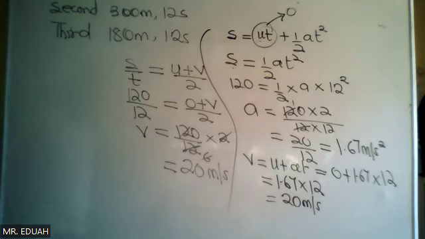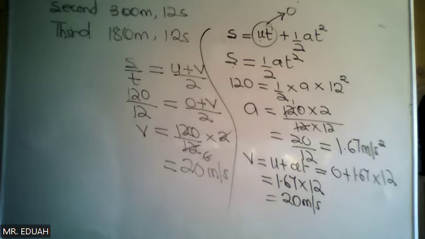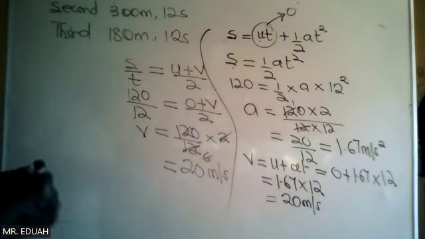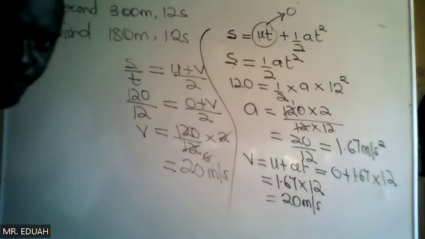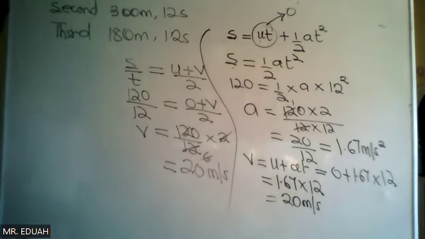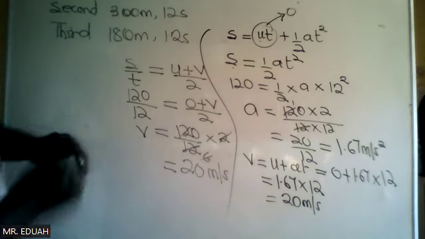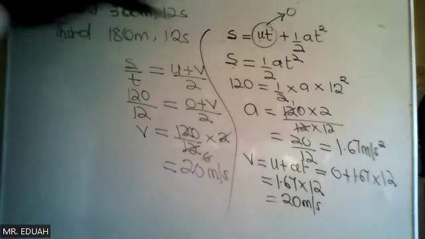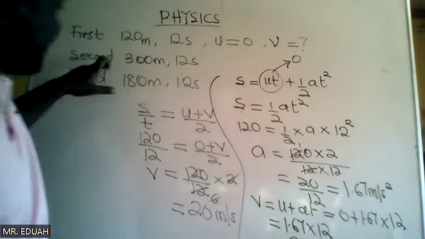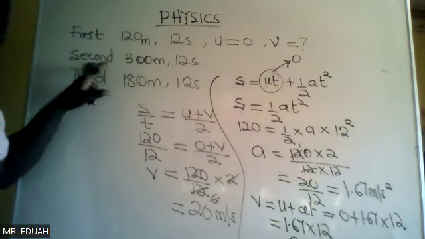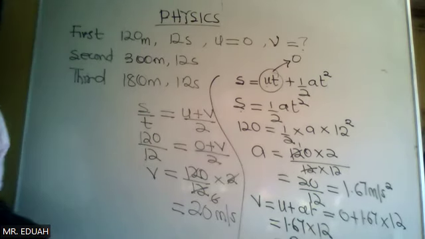Now, we are looking for the final velocity for the second part of the motion. Once it's a continuous motion, the final velocity of the first part becomes the initial velocity for the second part of the motion.